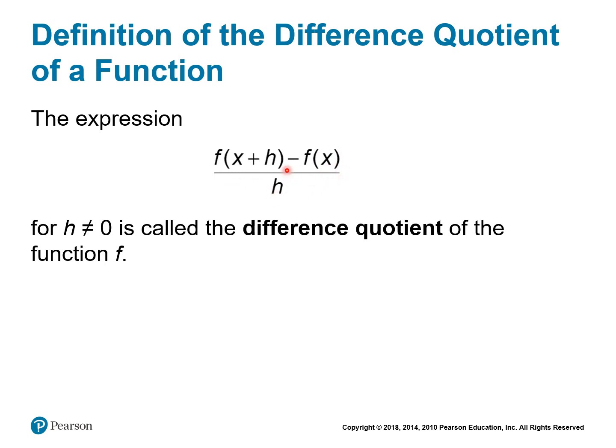What we are doing here is taking the difference of two functions in the numerator. The second term is f of x, and the first term is adding h to x, so f of x plus h, and the denominator is h. This is called the difference quotient of the function f.